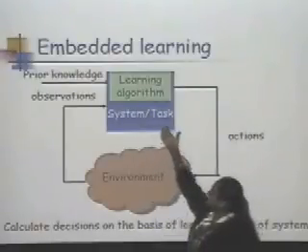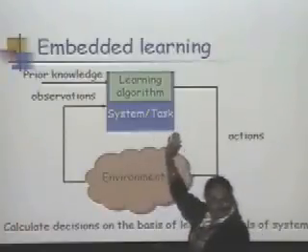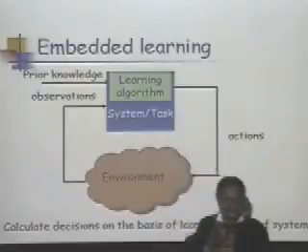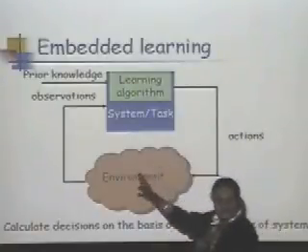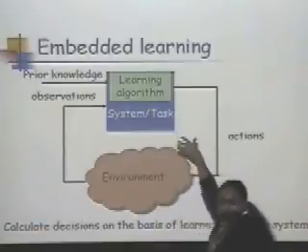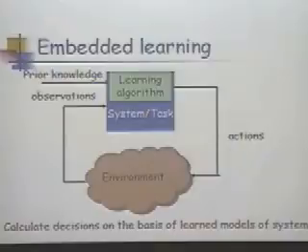But once those assumptions fail to hold, the system just does poorly. This is the real purpose for embedding learning, so that you can have freedom, and you could have the environment drift, change, and still have systems that calculate reasonable responses. So that's the whole point. You can always calculate decisions on the basis of learned models of systems.